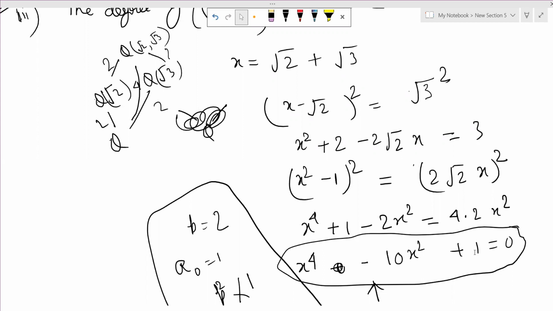If there exists a polynomial of degree less than 4 which has root 2 plus root 3 as a root, then that polynomial also divides this polynomial, right? Agreed or not? That is a contradiction to the irreducibility of this polynomial. If you have any doubt, you can ask. Otherwise, I am done with this.